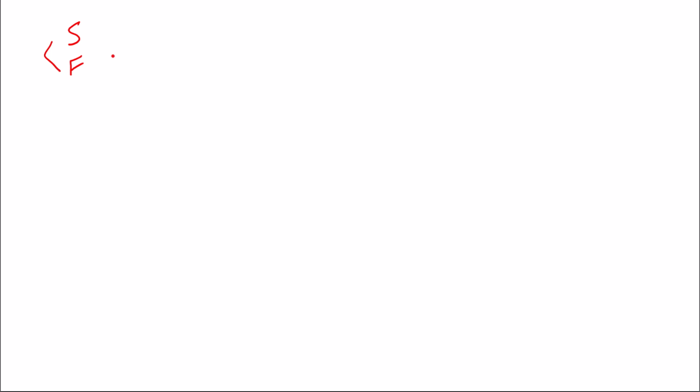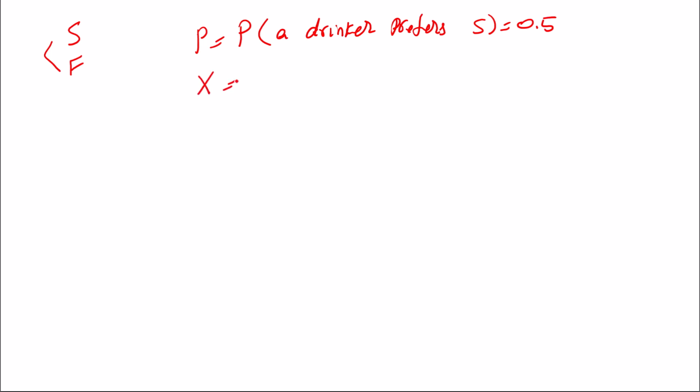So we can say p, the probability that a drinker prefers S, is equal to 0.5, right? And here we have X as the number among the 6 who prefer S.